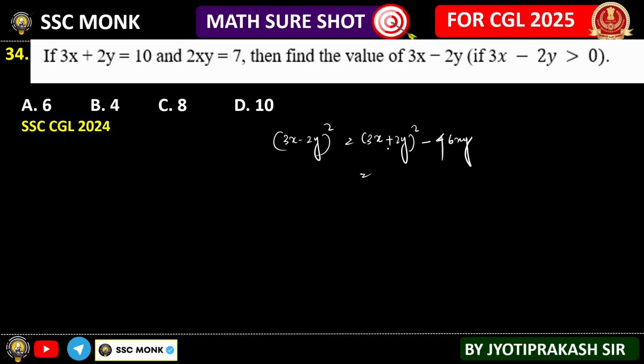Yes or no? Yes. (3x plus 2y) is 10 square minus 4 into 3 into 7, or I can write 100 minus 12 sevens are 84. That is equal to 16. Square is equal to this much. So if I take the square root, I'll get my answer. That is equal to answer 4.